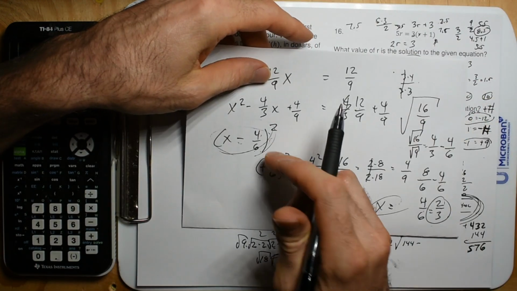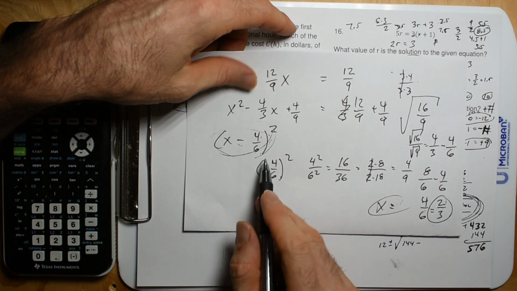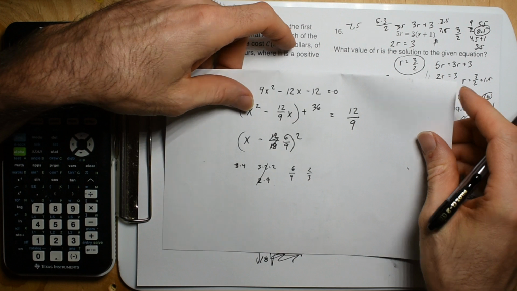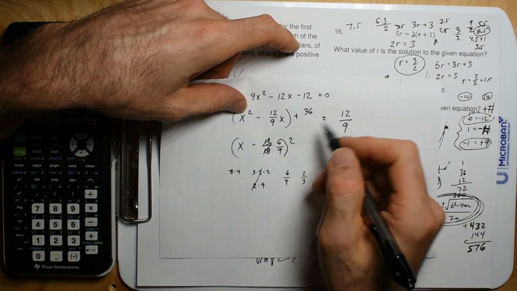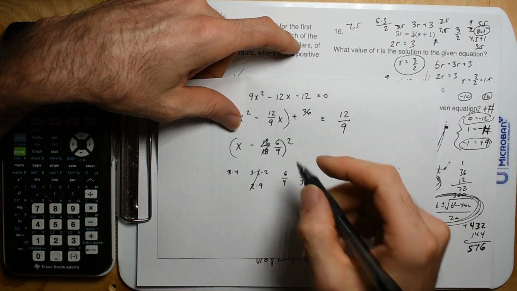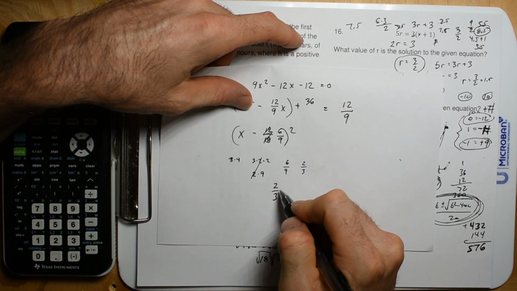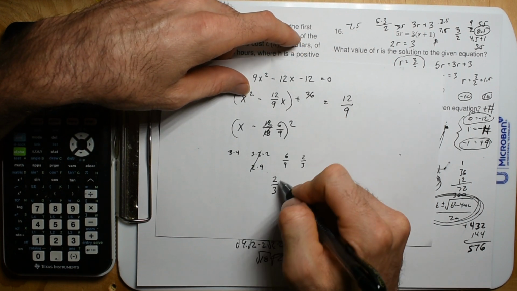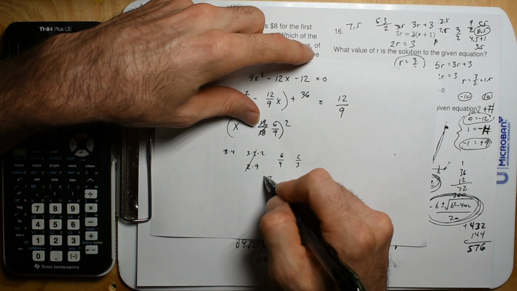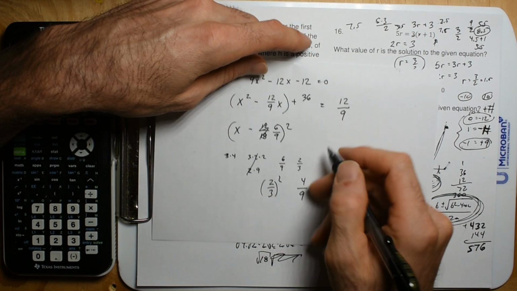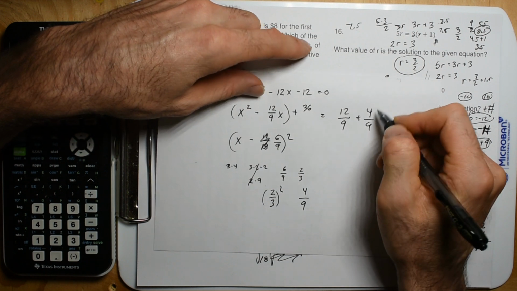Oh, bummer. Okay, so maybe I'm just hallucinating. But 6 ninths is 2/3. So if we have 2/3 squared, that's going to be 4 divided by 9. Cool. So we have to add 4 ninths to both sides.